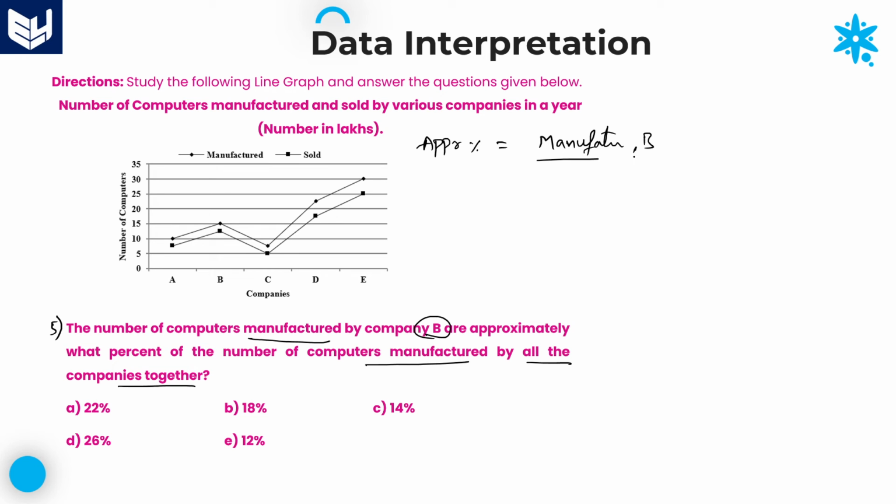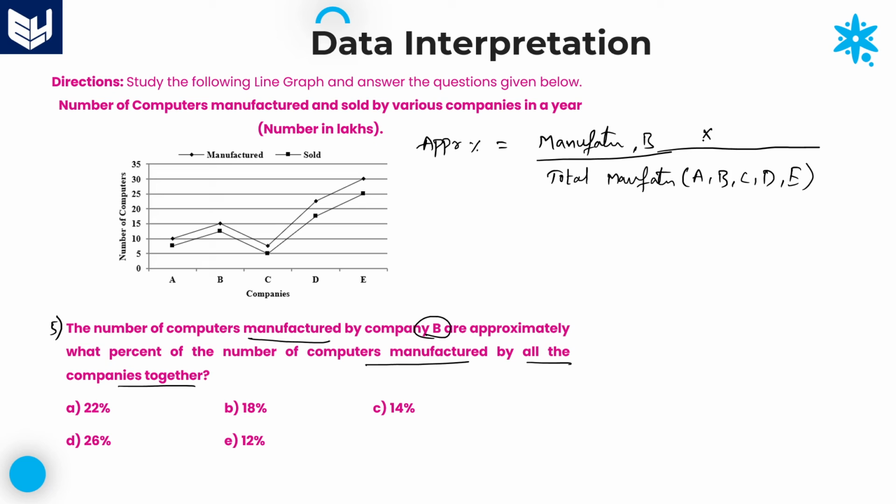The percentage we need to calculate is the number of computers manufactured by company B, what percentage of the total number of computers manufactured by all the companies, not a single company, by all the companies A, B, C, D, E, all 5 companies.